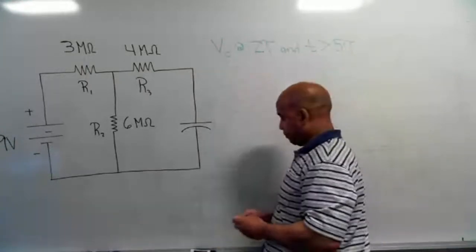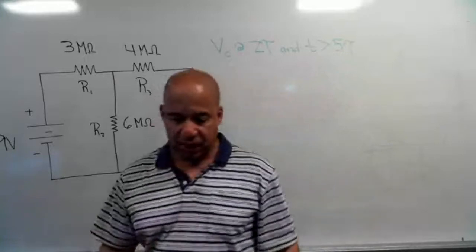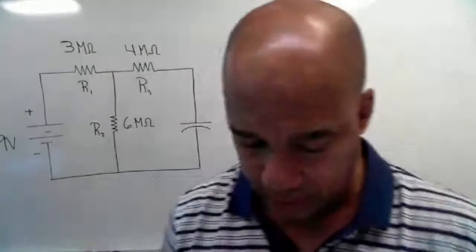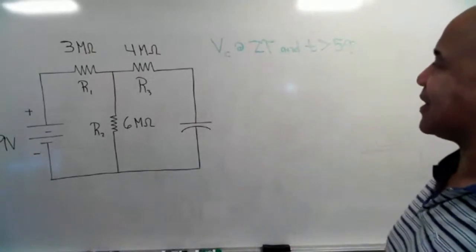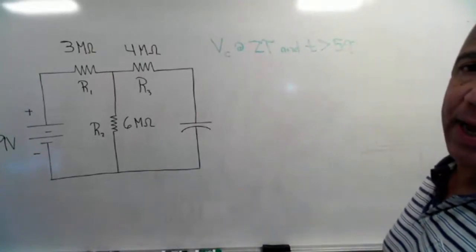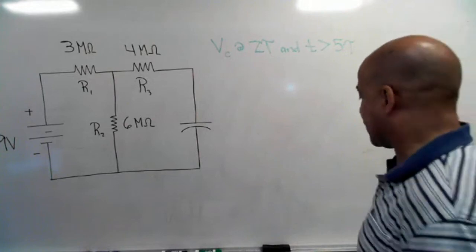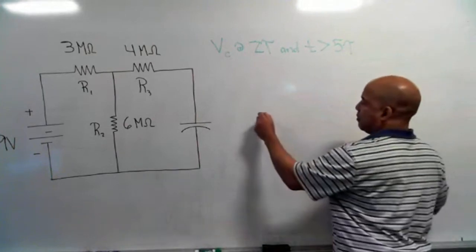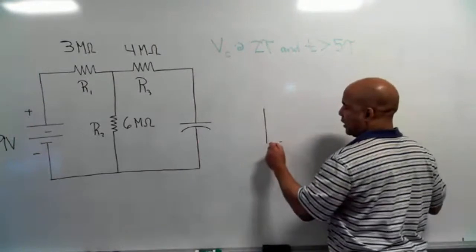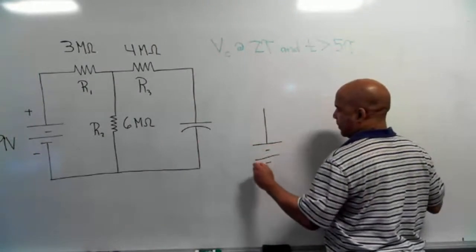If you can't figure it out, or just want to wait till I get through it, take a few minutes. Now this is exactly like the example I did in class. The difference is in class, we had a single resistor hooked up to the capacitor.